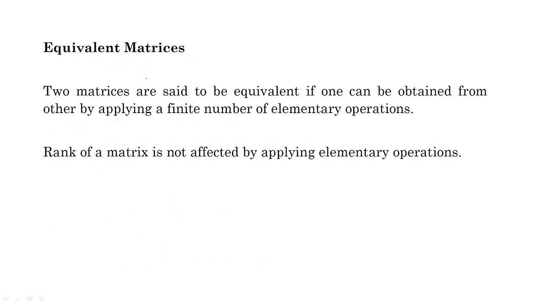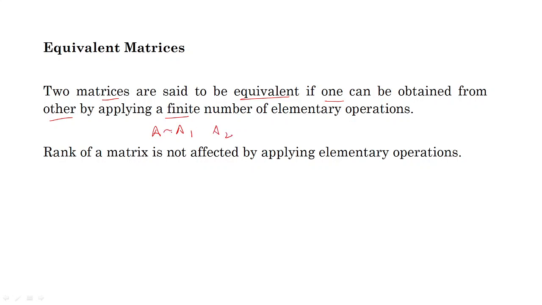Now, equivalent matrices. Two matrices are said to be equivalent if one can be obtained from the other by applying a finite number of elementary operations. It means if you start with A and apply one elementary operation, suppose you get A1, and again apply one elementary operation, suppose you get A2, then all these are equivalent.